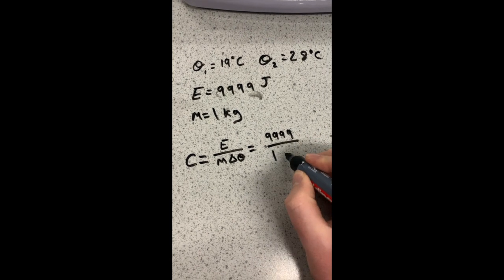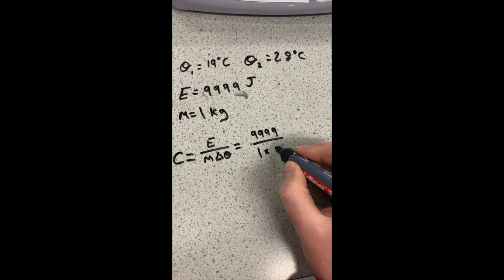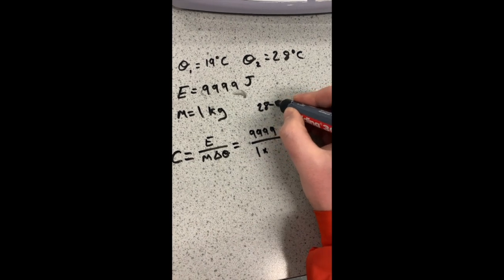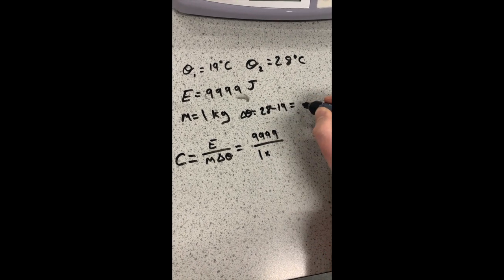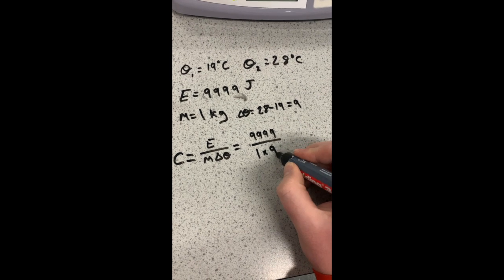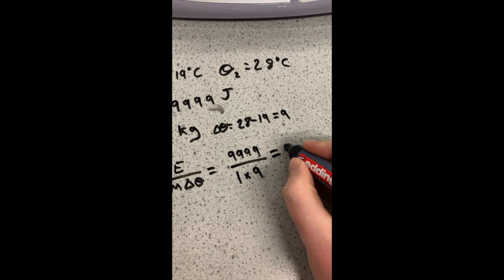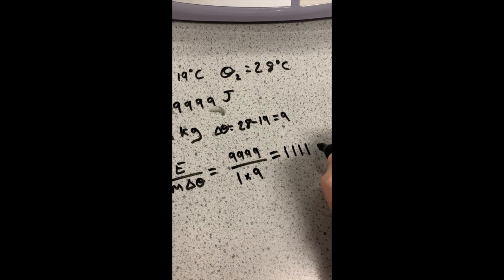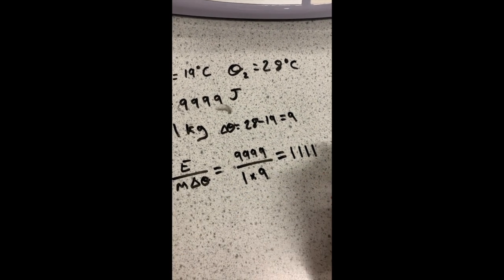The mass was 1, and the change in temperature is 28 take away 19, which is 9 degrees C. So times 9, I can work out the specific heat capacity of aluminium, which actually gives me 1,111. And the units are joules per kilogram degrees C.